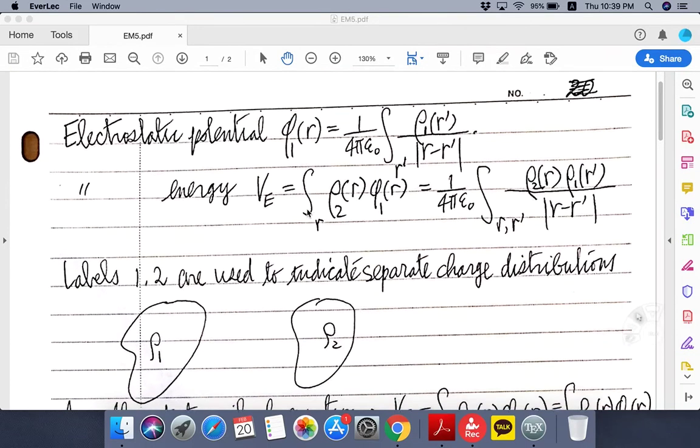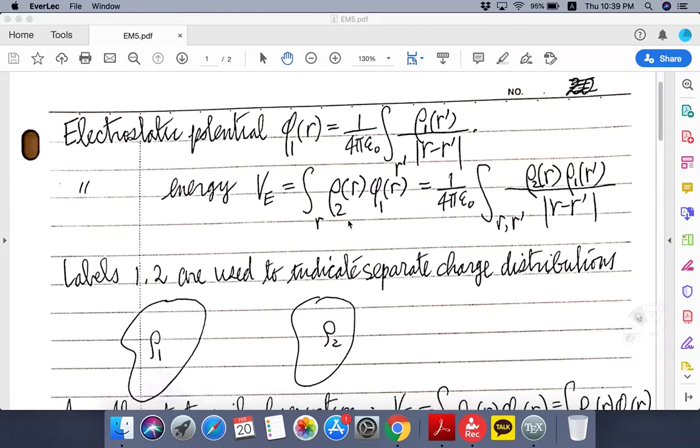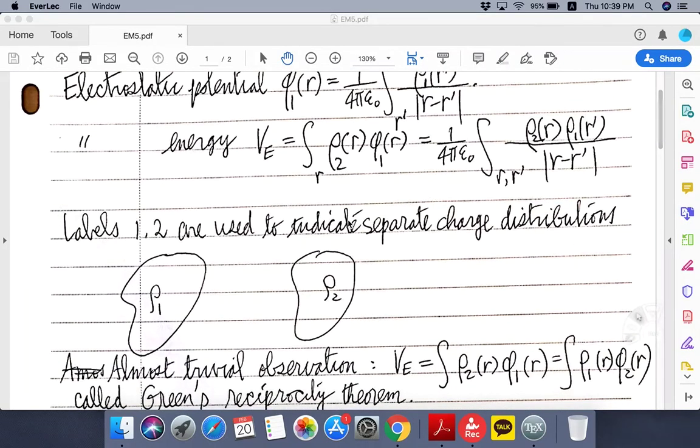So now I'm going to assume the existence of another set of charge distribution now given by a different function, which I label as rho 2. So pictorially, the situation I have in mind is you have a cluster of charges over here that's described by one kind of charge density function, rho 1, and you have another cluster of charge described by a second charge density function, rho 2.